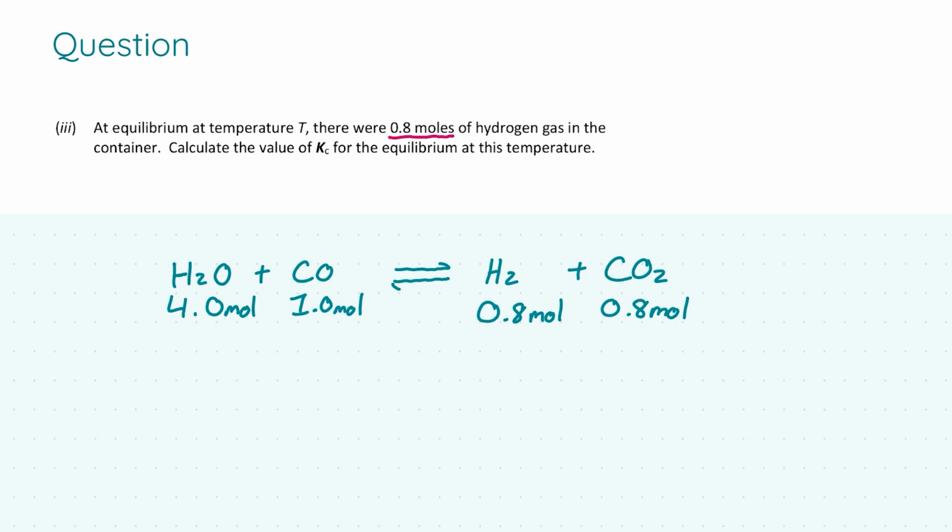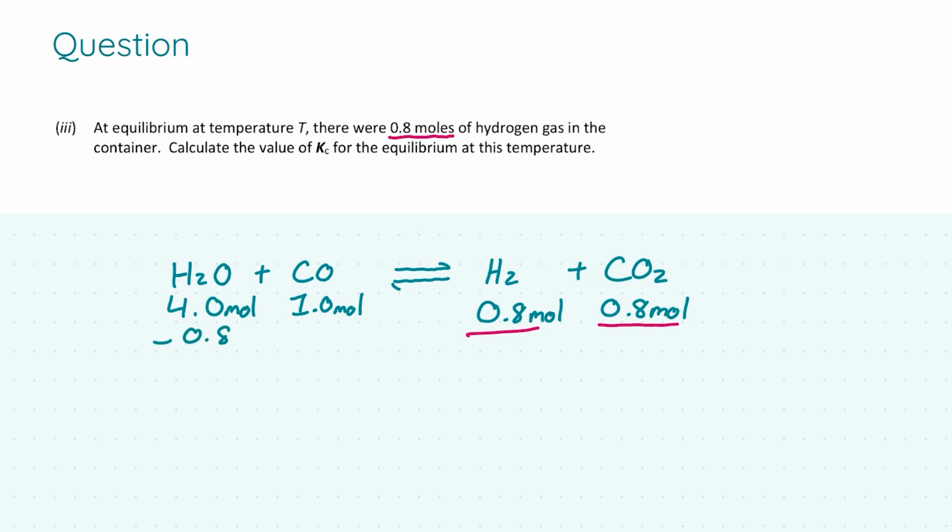So if we just look over on the right-hand side, we can see that there is 0.8 moles of hydrogen here and 0.8 moles of carbon dioxide here. So these are going to have to come from reacting the water and the carbon monoxide. And since the water and carbon monoxide are in the same ratio, they're 1-to-1, they're going to lose the same amount of moles.